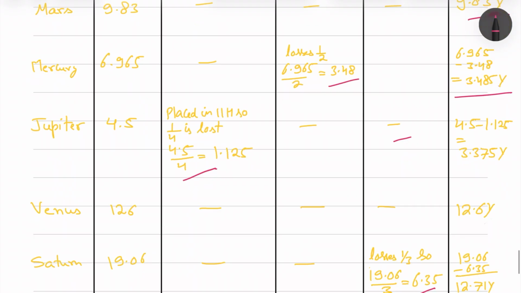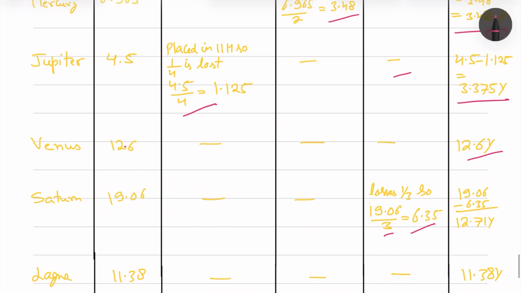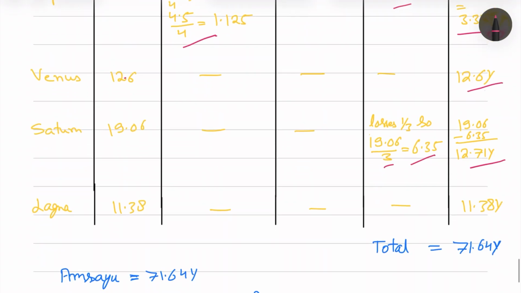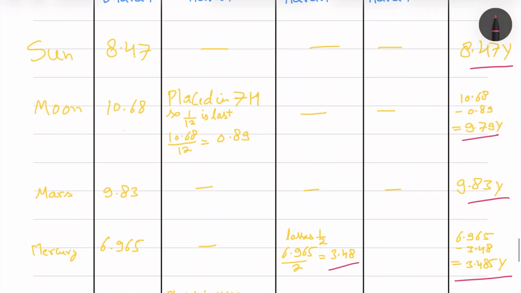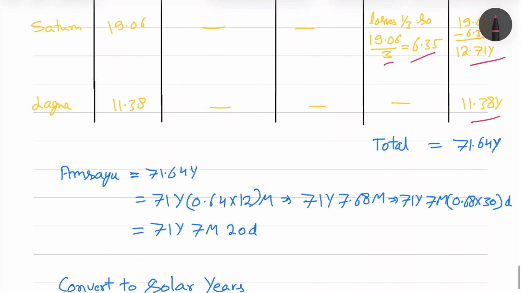Jupiter loses 1.125 from gross age, so it will give 3.375. Venus 12.6 remains as it is, no Haran. Saturn loses 1/3, so 19.06 minus 6.35, 12.71. Lagna remains same. So if we add all these, we will receive 71.64 Amsha Ayu.